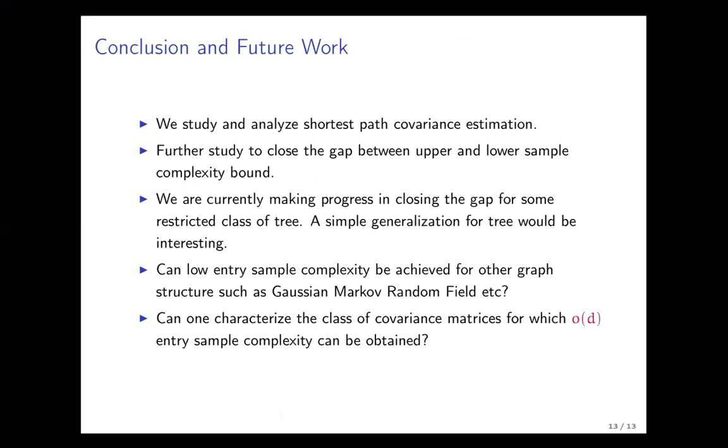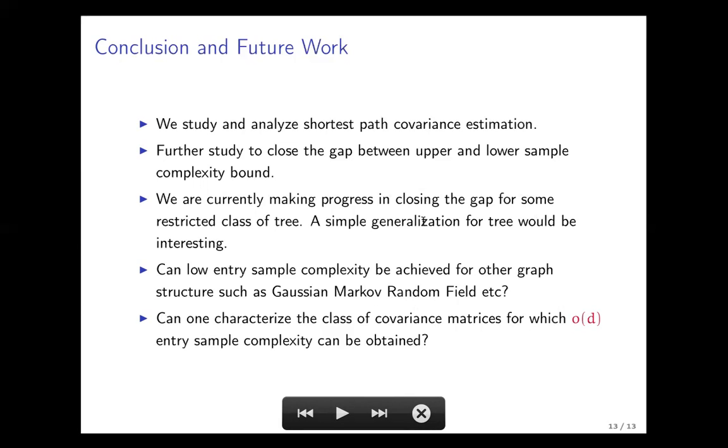We provide upper and lower bounds, and we must say that further studies are needed to close the gap between the upper and lower sample complexity bounds, and we are currently making some progress in closing the gap for some restricted class of trees, which is not easy to do, but a simple generalization for any generalized tree would be very interesting.